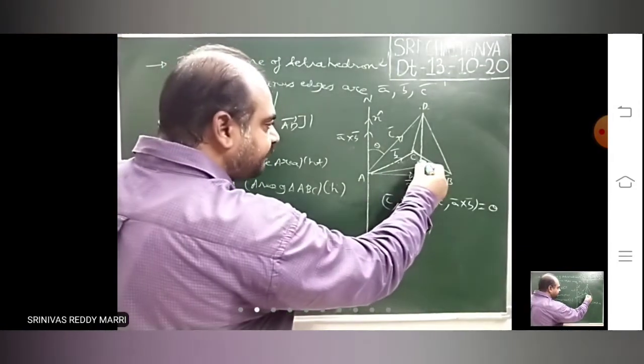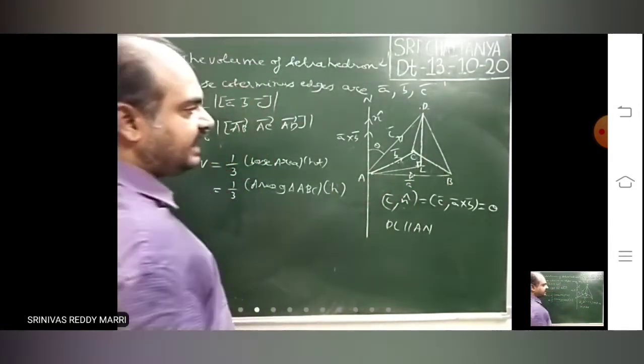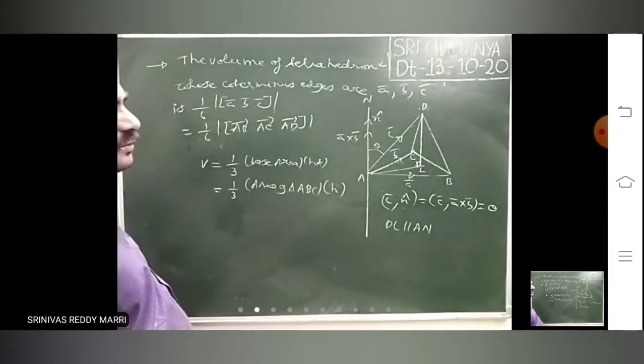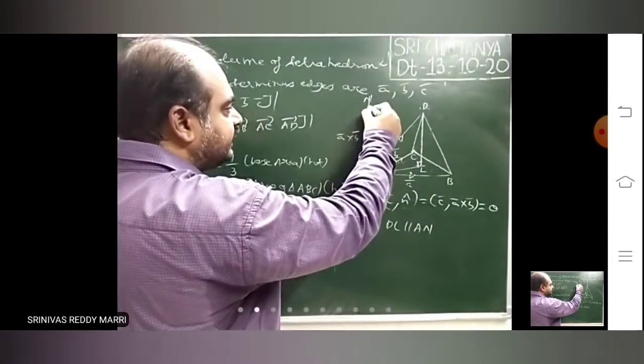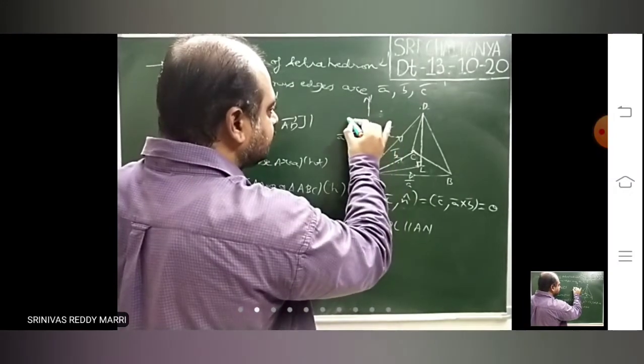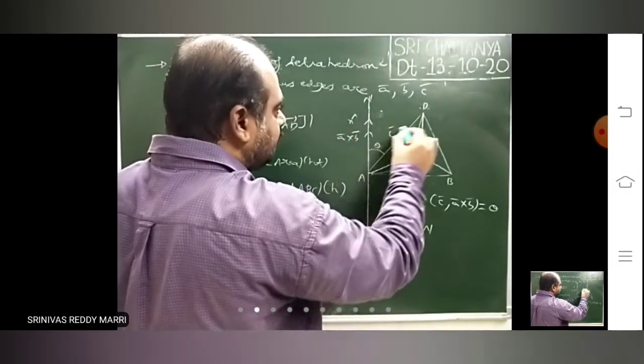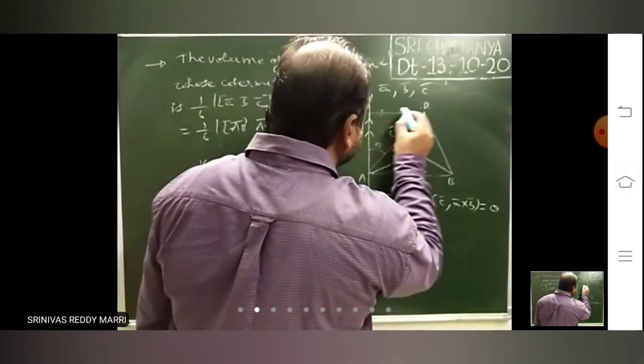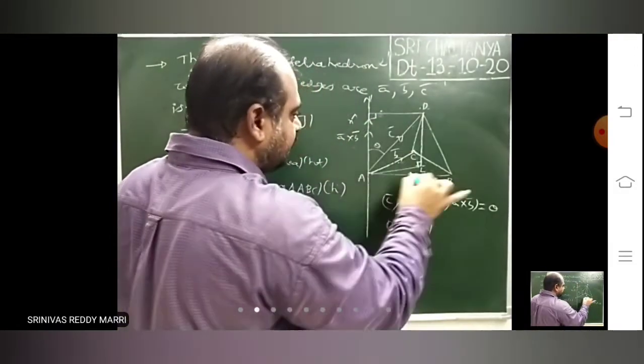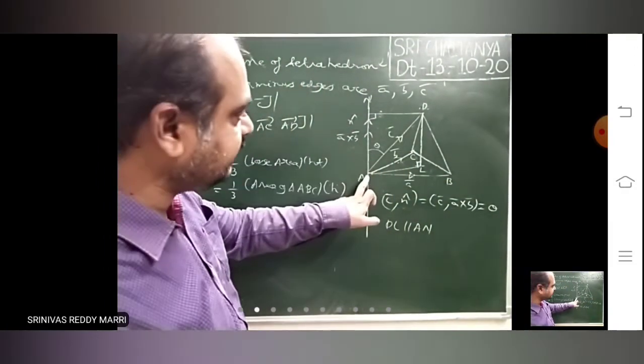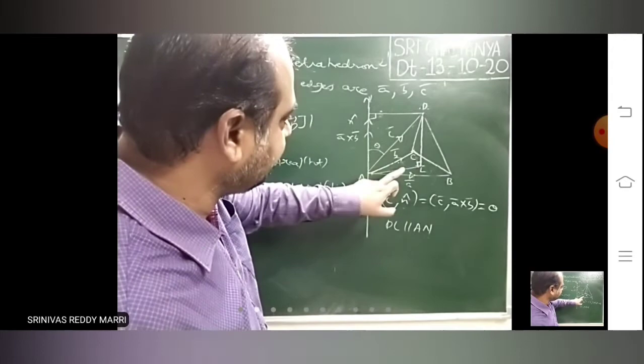That means DL will be perpendicular to AL. Now from D, I am dropping a perpendicular on this. Now this will become a rectangle ALDN.